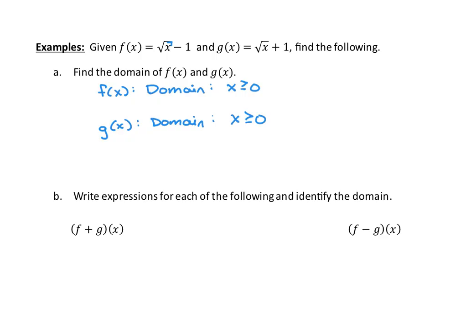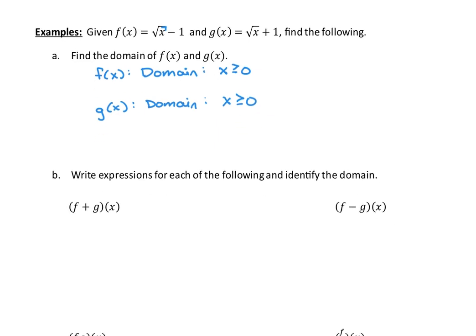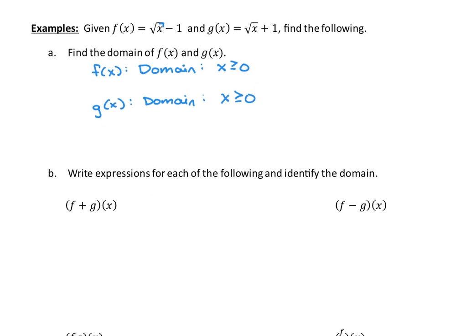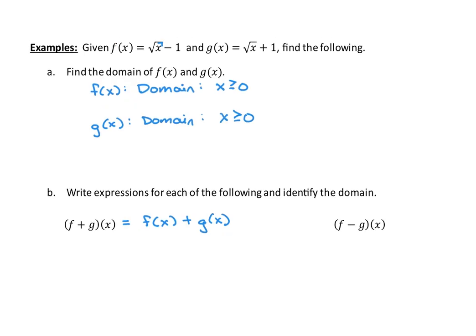All right, so now we're going to go ahead and do some math. We want to figure out what is f plus g of x. And so what we have here is f of x plus g of x. Wherever we see f of x, we're going to plug in the square root of x minus 1.